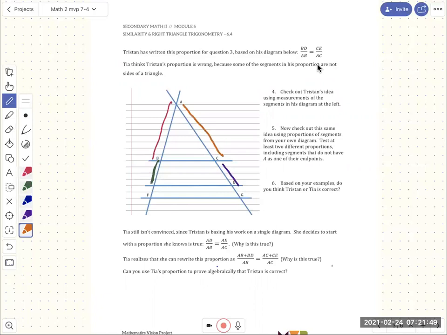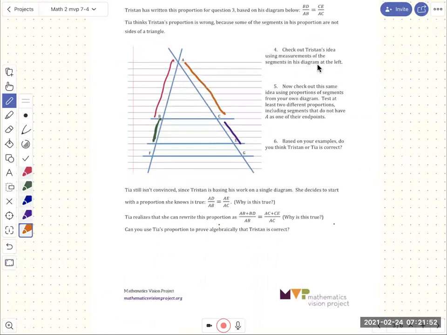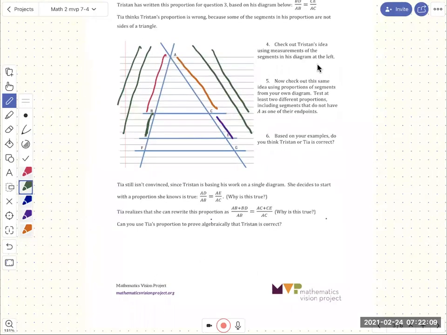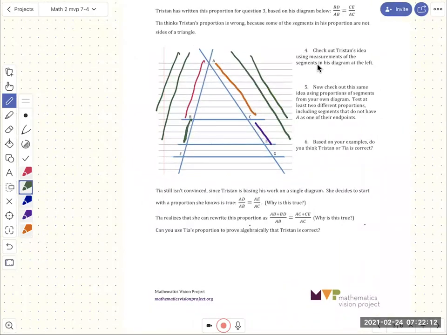Okay, and so, well, we go back to, we know they're similar triangles. Okay, so what do we know about the similar triangles? We know AD to AB, so the long side is to the short side as the long side is to the short side. Okay, so AD, the long side, is to the short side on the left, as the long side, AE, is to the short side on the right.